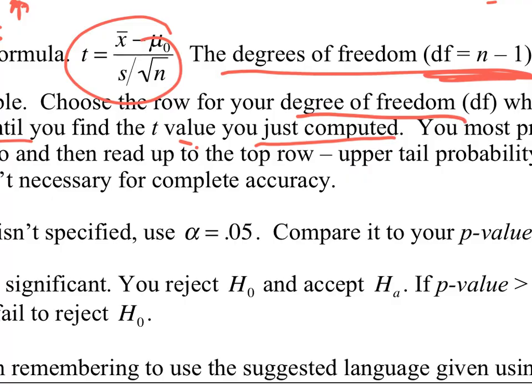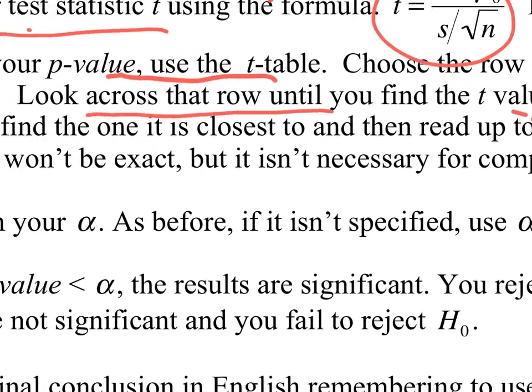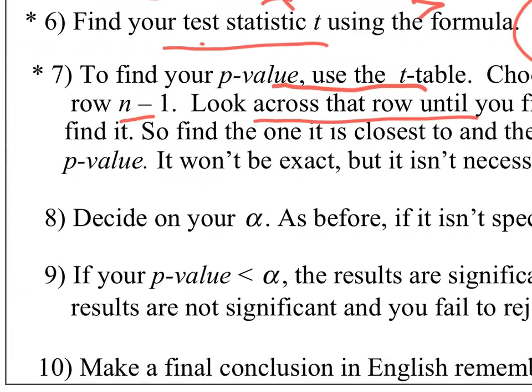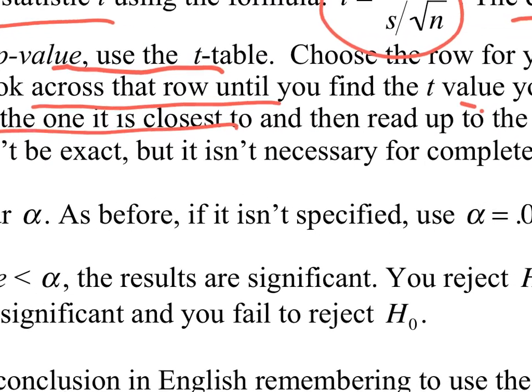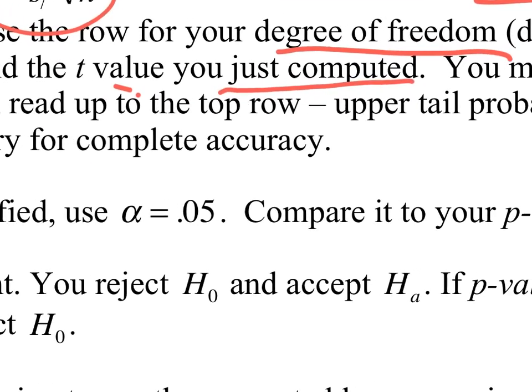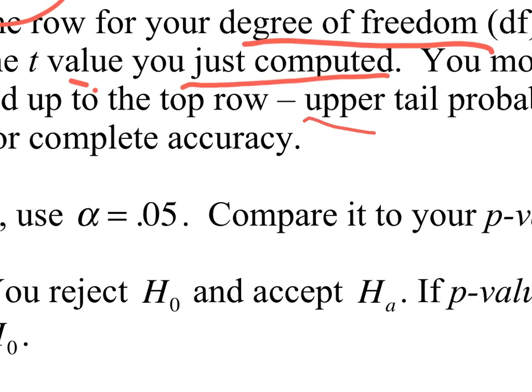You probably will not find it exactly, so you find the one that's closest to it. Okay? And then you read up to the top row and calculate the upper tail probability, the area of the tail.